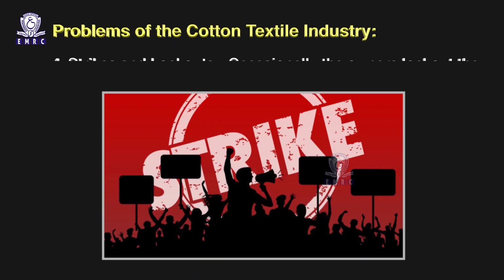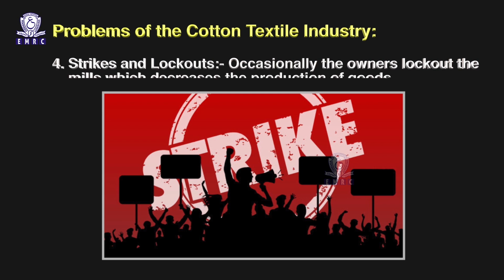The next problem is the strikes and the lockouts. The cotton textile industry suffers seriously because of frequent strikes by the workers. Occasionally, the workers lock out the mills, which decreases the production of the goods. Next, we have competition in the foreign market.